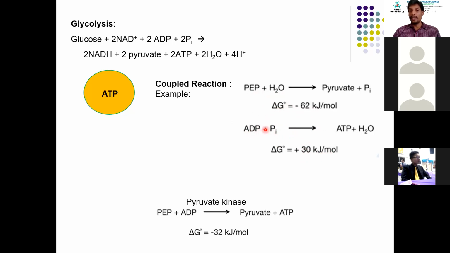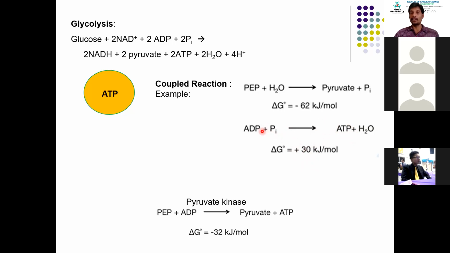That means ADP has less free energy, ATP has more free energy. So will it occur spontaneously without any boosting? It is not going to happen, right? Because some energy is required. ATP needs some energy from outside to be formed. ATP has more energy, so these 30 kilojoules are needed.